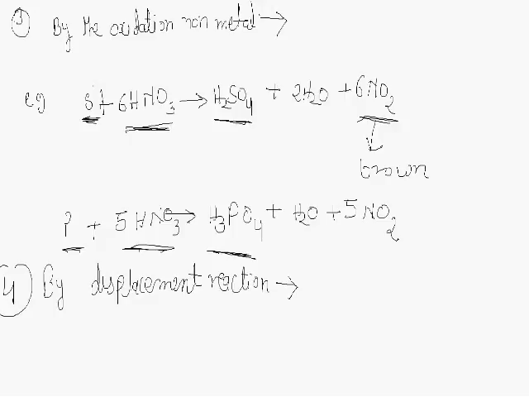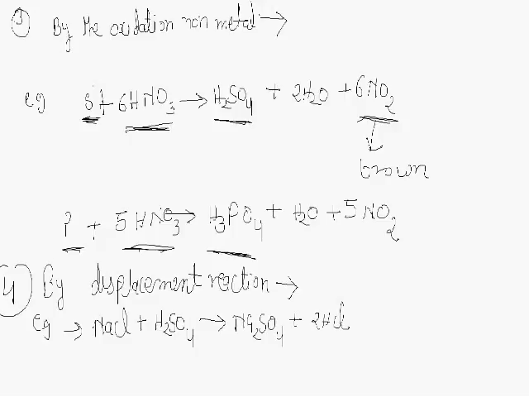Displacement reaction is explained with the help of the following example. When salt NaCl, that is sodium chloride, reacts with sulfuric acid, that is H2SO4, it gives Na2SO4, that is another salt, plus HCl.